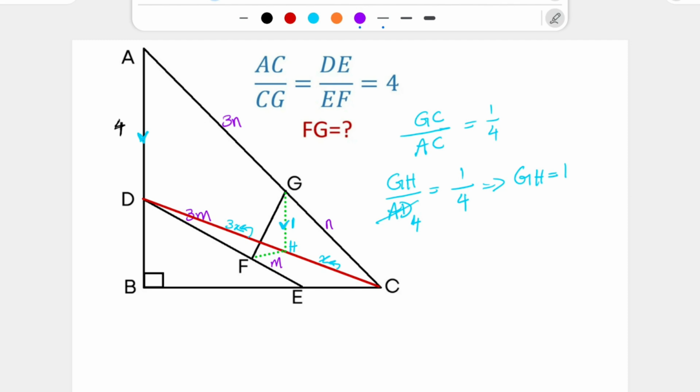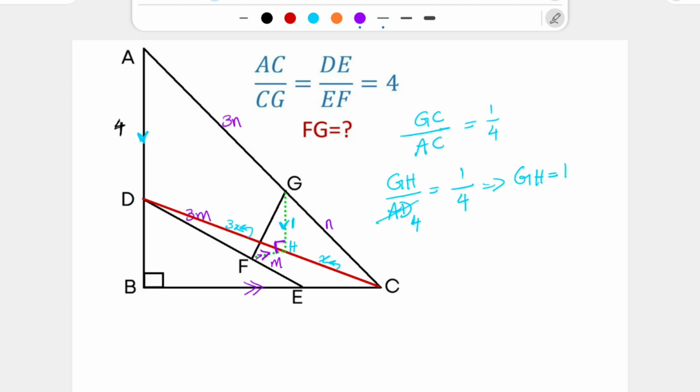And what does it mean? It means that we can easily assume that this line is parallel to this line. And since these two lines are parallel to one another and GH is parallel to AB, we can conclude that here is a right triangle.